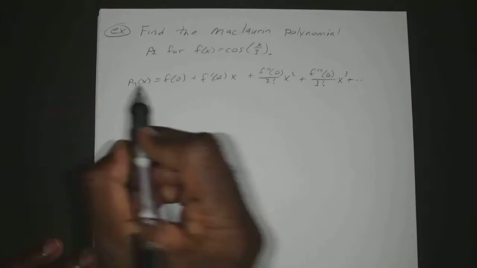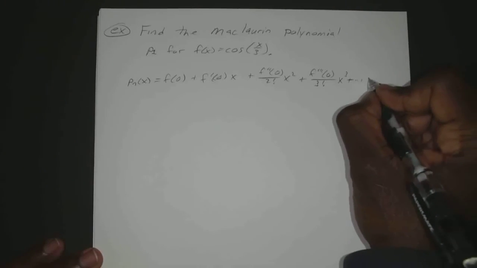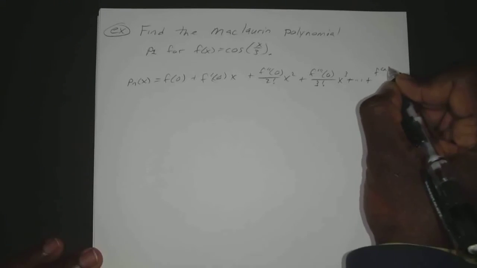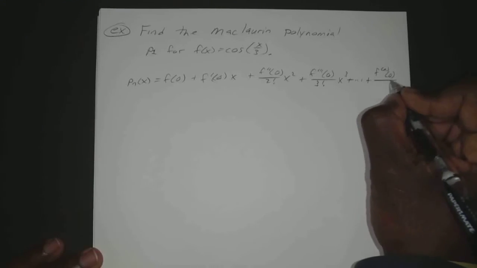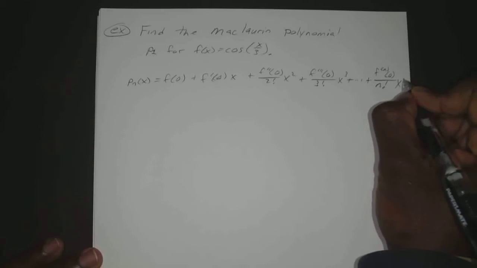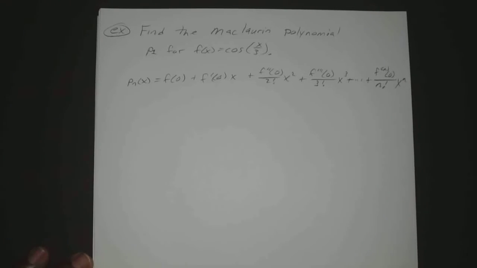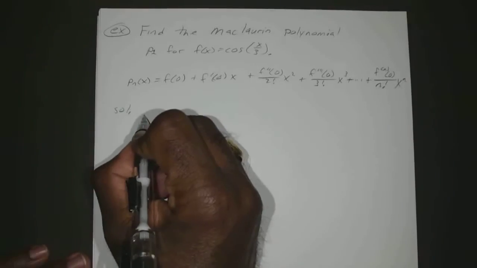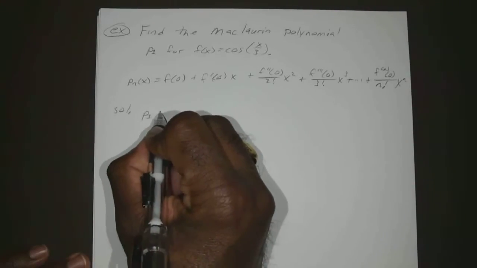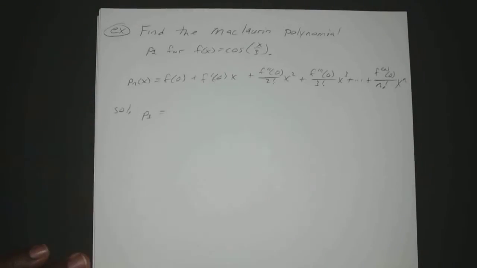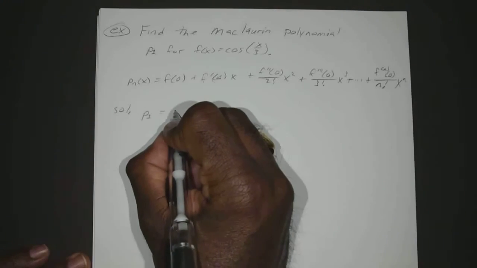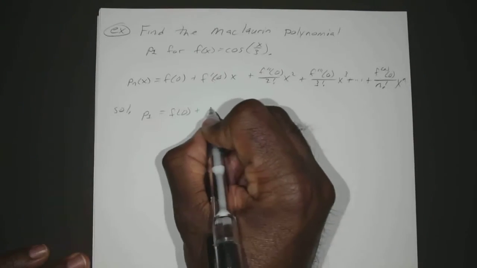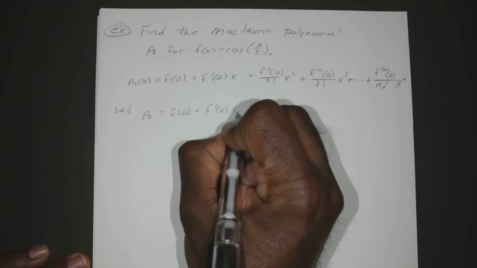And it stops at some n value, so your nth derivative at 0 over n factorial of x to the nth power. So if we're looking for our p sub 1, that's just going to go to the first derivative. So that's f of 0 plus f prime of 0 times x.